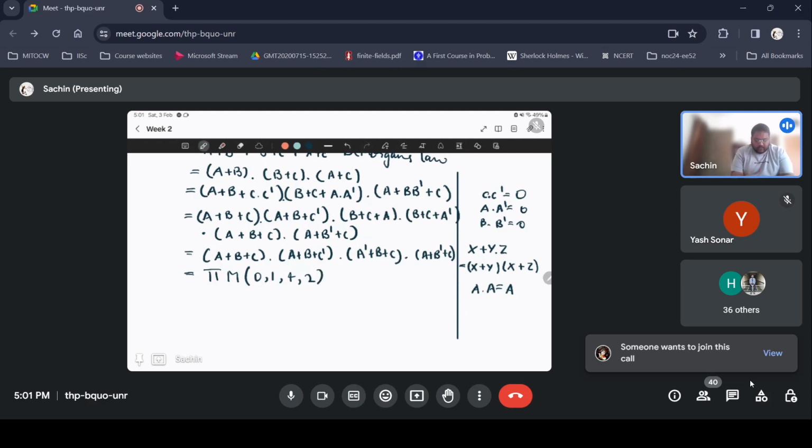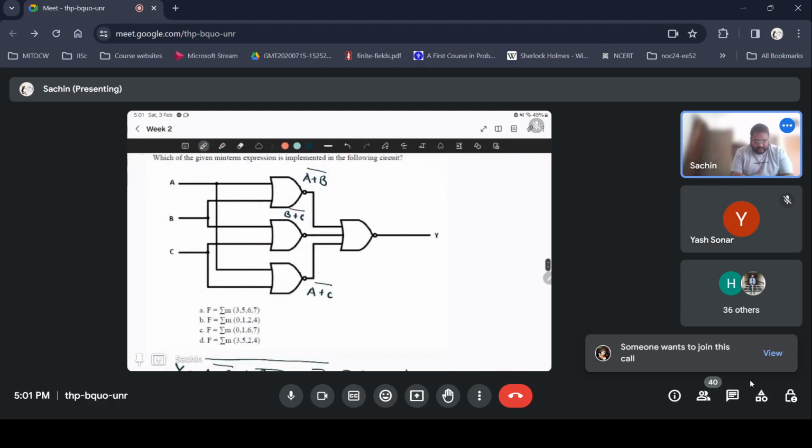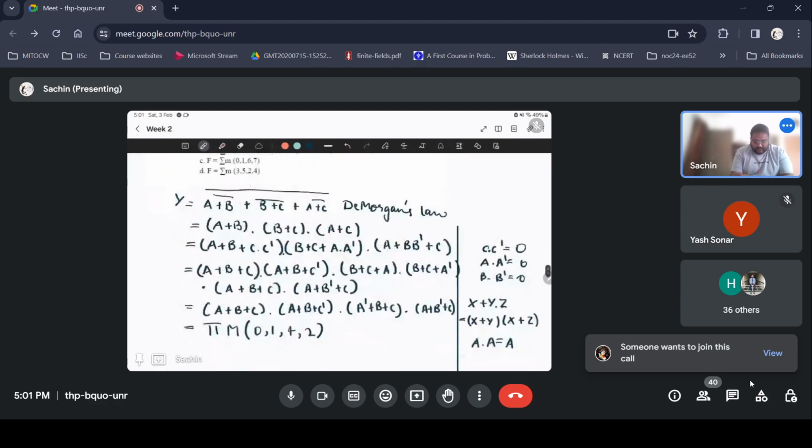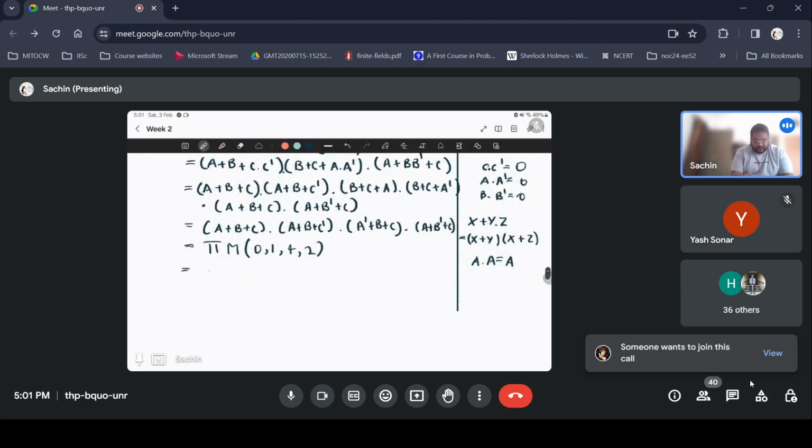Okay, now they have asked for min terms for this, right? So to write the min terms, all you have to do is take the complement of these numbers. So with 3 variables, there can only be 2 power 3, 8 min or max terms. They will go from 0, 1, 2, 3, 4, 5, 6, and 7.